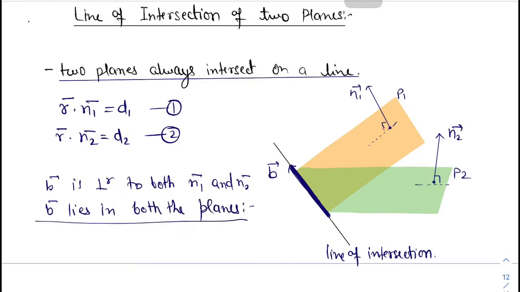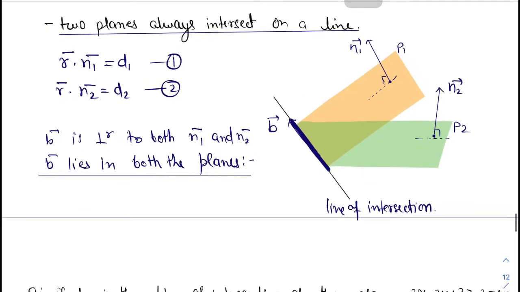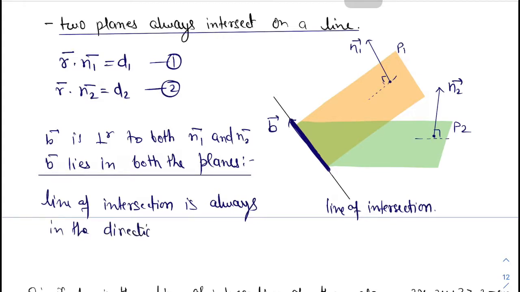So if B is perpendicular to both these normal vectors n1 and n2, then I can say that this line of intersection is always in the direction of n1 cross n2.